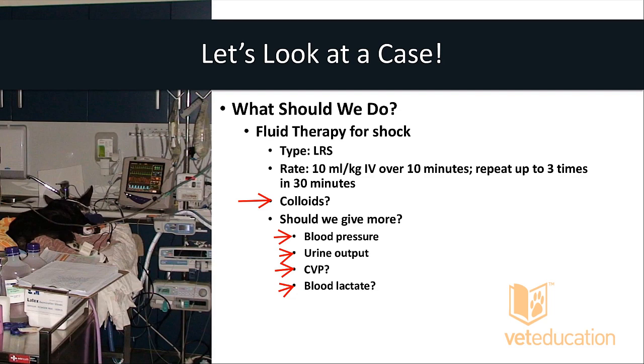If there's been no response in your blood pressure after 2 or 3 boluses of IV fluids at shock rates, as we've listed above here, then you should stop giving shock rates of IV fluids, because they're not of any benefit to your patient. In fact, the excess amount of fluid that you give your patients at shock rates beyond the first 20 or 30 minutes or so could increase the likelihood of organ damage down the track.